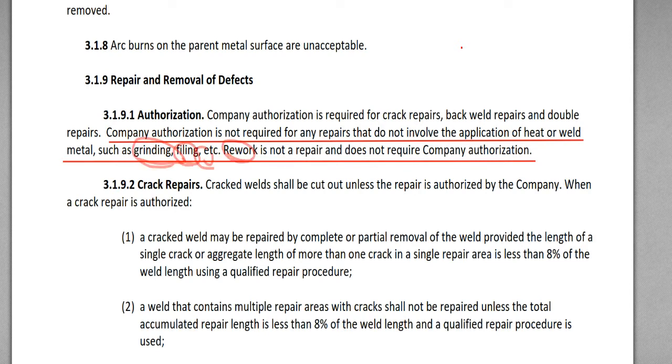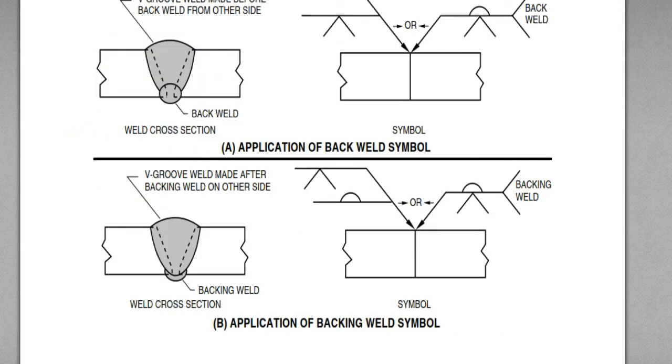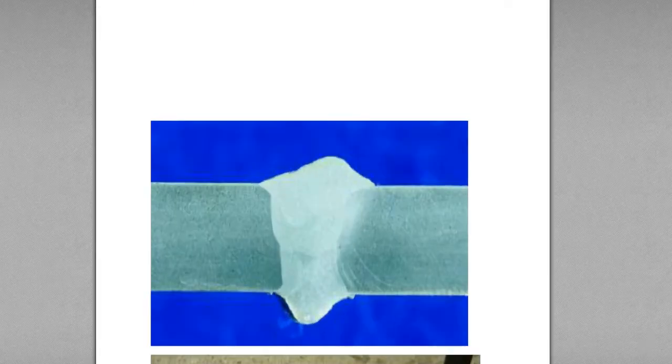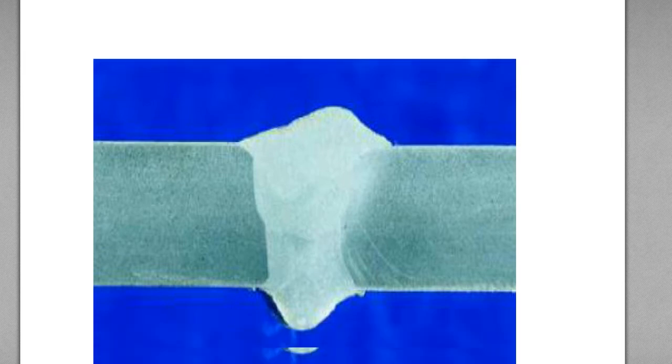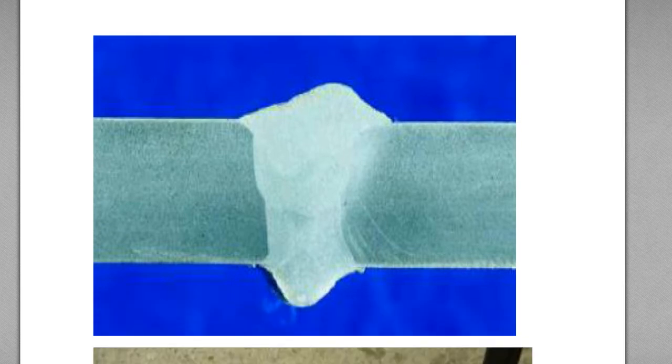The concept of rework is like here. I made the weld, and this is the cross section of the weld. I found the weld crack here before the visual inspection and before the NDT inspection. Before any inspection, as a welder or inspector, I just found something and said, let's remove it and reweld it.